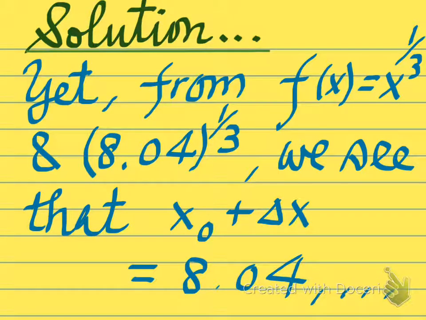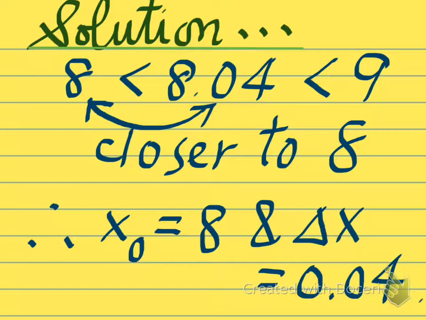Next, from f of x equal to x to the power 1/3 and the value given, 8.04 raised to power 1/3, we see that the new value indicated by x0 plus delta x must be 8.04. Can you follow, guys? And 8.04 lies between the integers 8 and 9, and closer to 8. Therefore, we assign x0 equal to 8, and therefore delta x has no choice but to be 0.04. So far, so good.